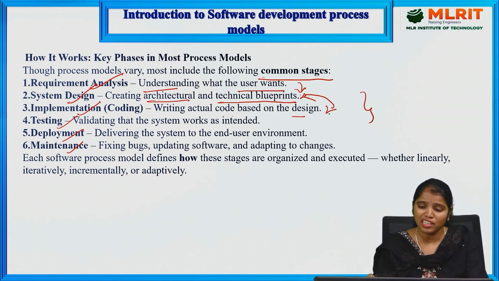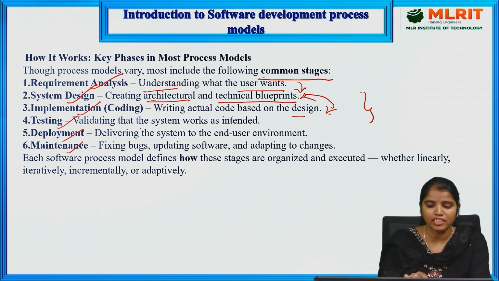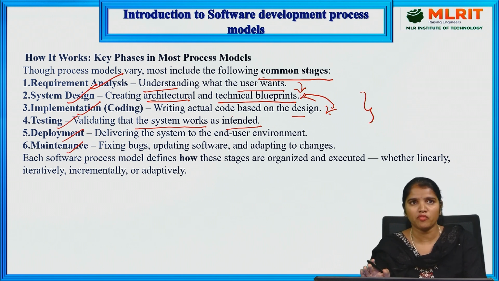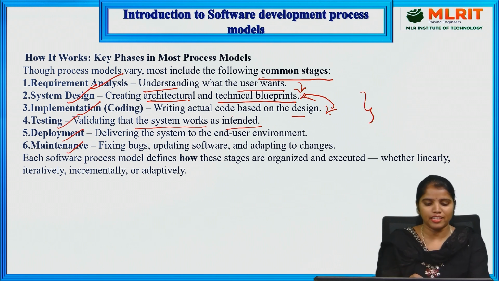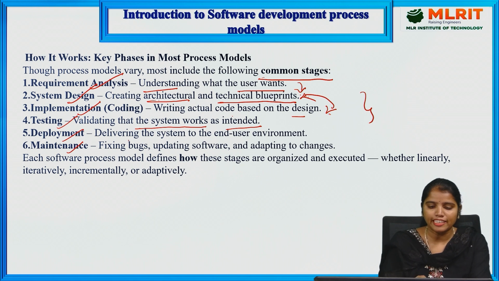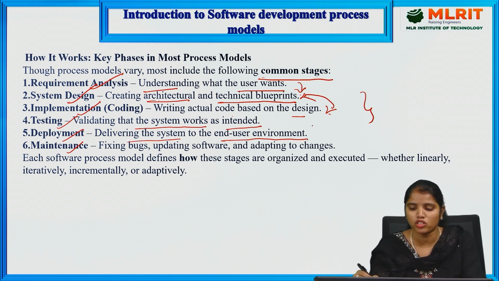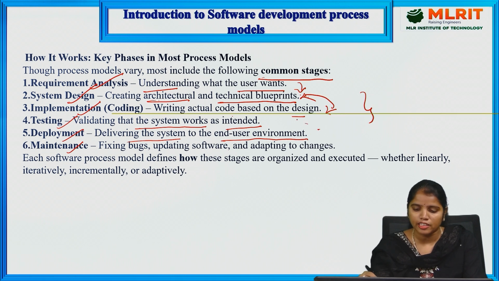Next, after completing the coding, the QA team validates that the testing works as intended. It checks whether the code works perfectly or not. The next stage is deployment. It delivers the system to the end user environment. Once the project is completed, the team delivers it to the user.